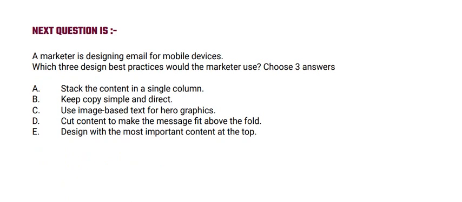Option C, use image-based text for hero graphics. Option D, cut content to make the message fit above the fold. And option E, design with the most important content at the top. The correct option is option A, B, and E.